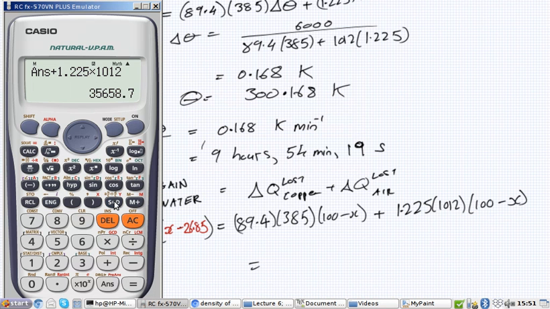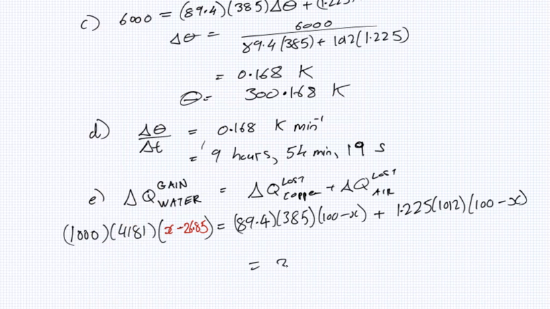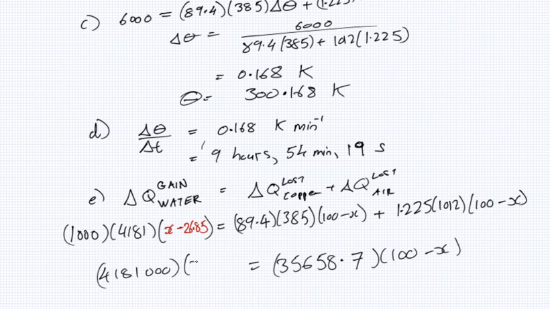So that is 35658.7 times 100 minus X, and then this is 4181000 times X minus 26.85.